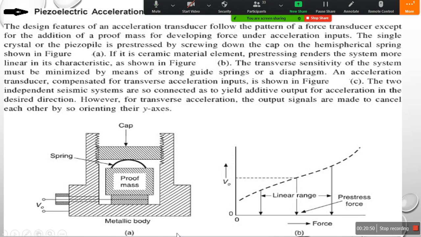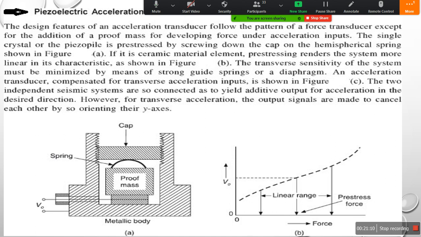That means the same construction, but here, instead of a force transducer, the difference is a proof mass. Here, if you can see the diagram, a proof mass will be used for developing the force under the acceleration impulse, and the single crystal or the piezo pile is pre-stressed by screwing down the cap.